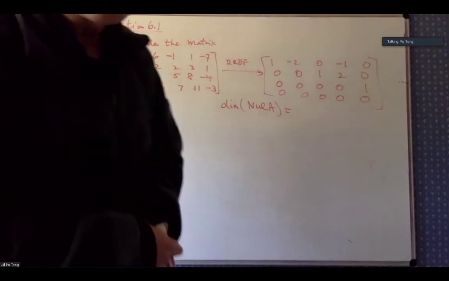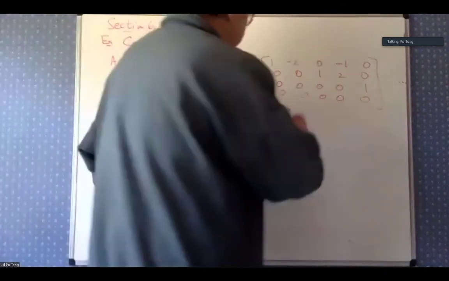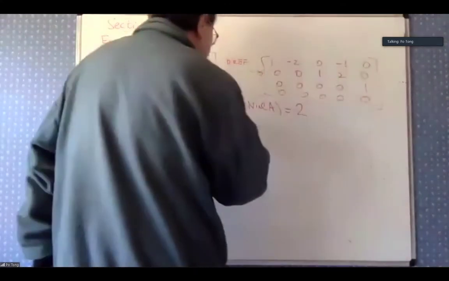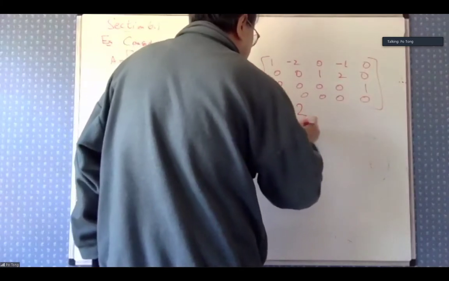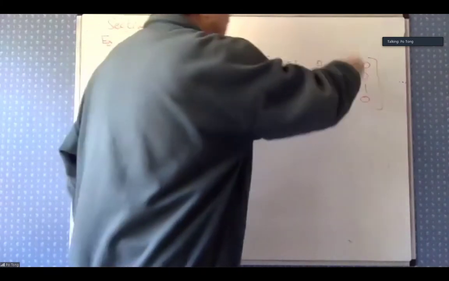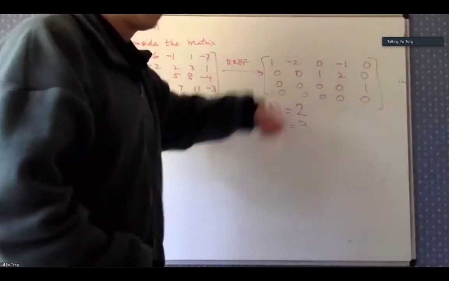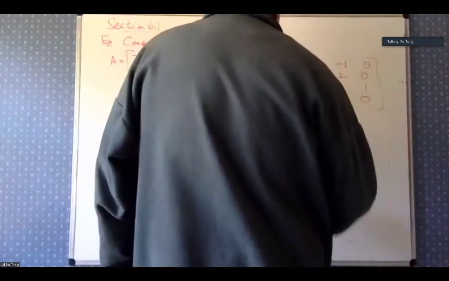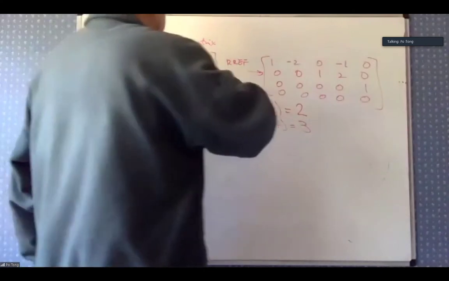Did you say 2? Okay, very good. The dimension of the column space of A is equal to 3 because there are 3 pivots. So 3 plus 2 equals 5.